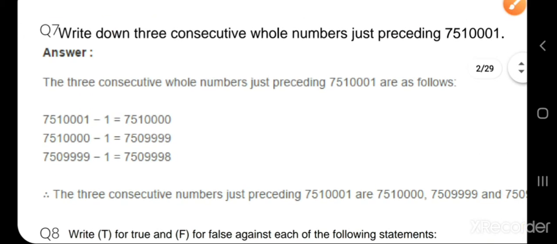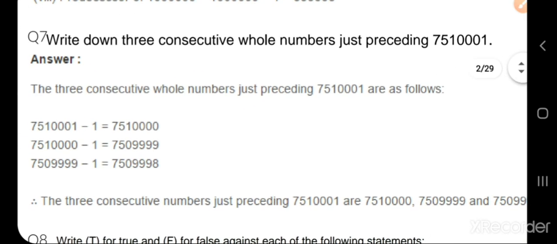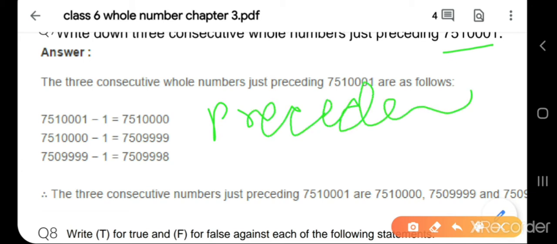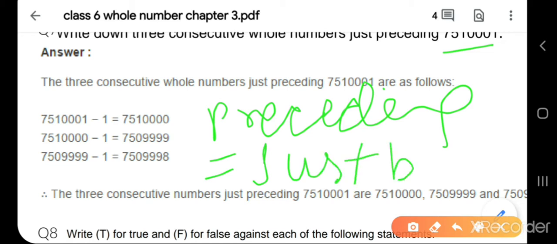Let's come to the next question. Write down the three consecutive whole numbers just preceding this number, okay? Preceding, or predecessor, or number just before, these are all the same. Preceding equals just before, and equals predecessor.